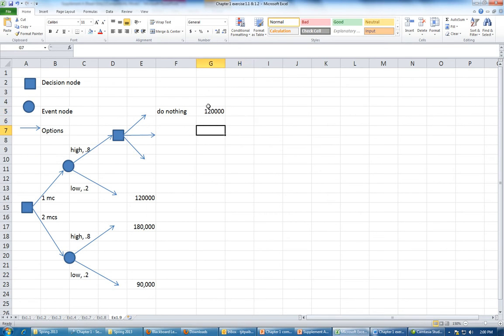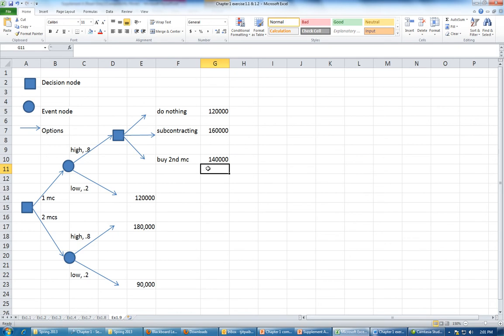If on the other hand you subcontract, you get 160,000. Thus, if you buy a second machine, you will get 140,000.